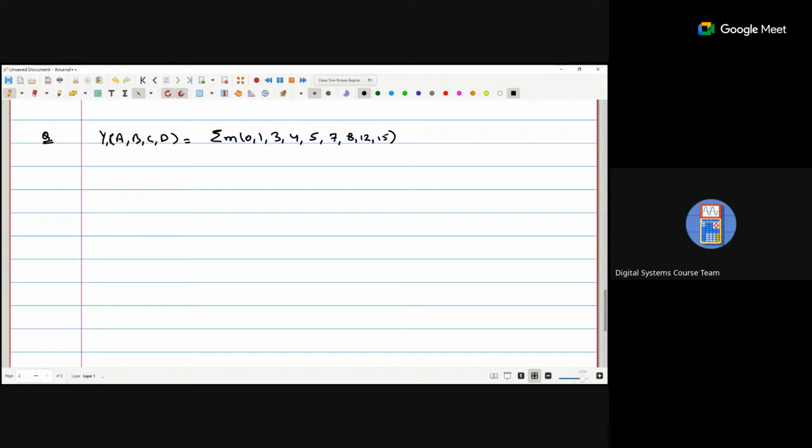Let me just take the sequence: 1, 2, 7, 9 and 11. We have to implement this using a 4 cross 1 mux, and then you have to identify the minimum number of basic gates required.